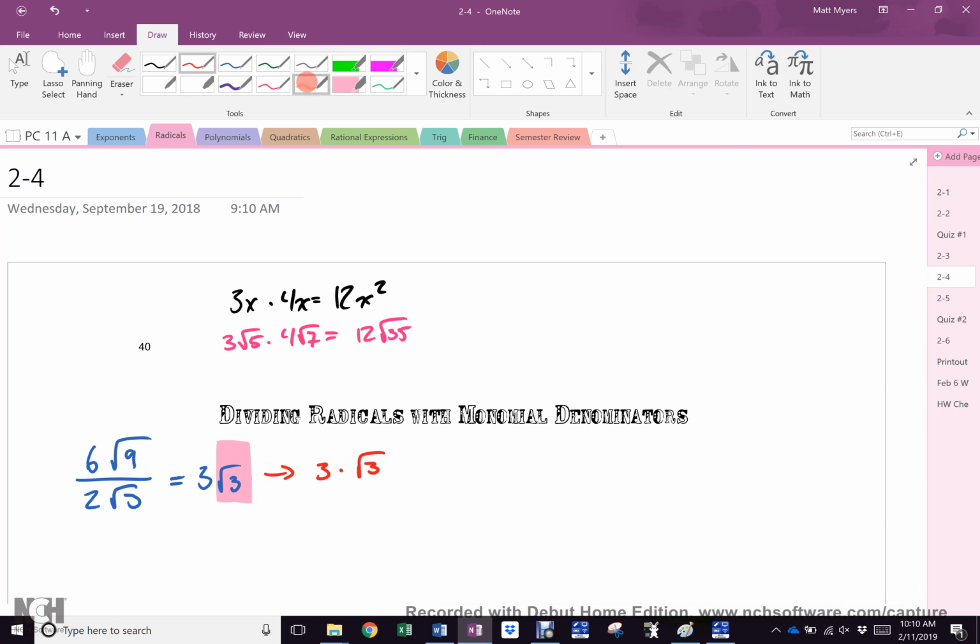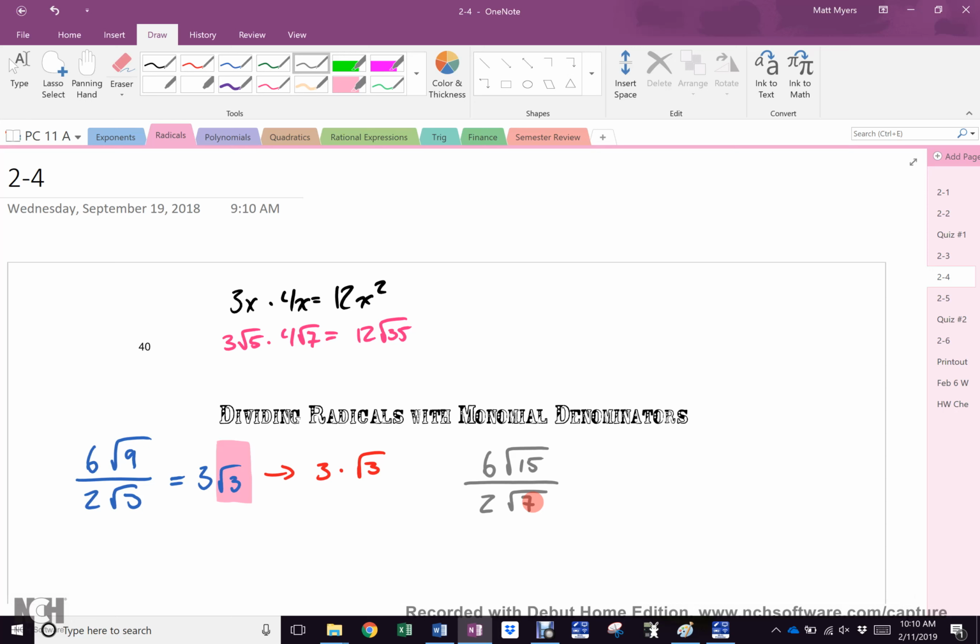Now, what do you think is this answer? 6 root 15 over 2 root 7. I haven't told you what to do with that, but make an educated guess.